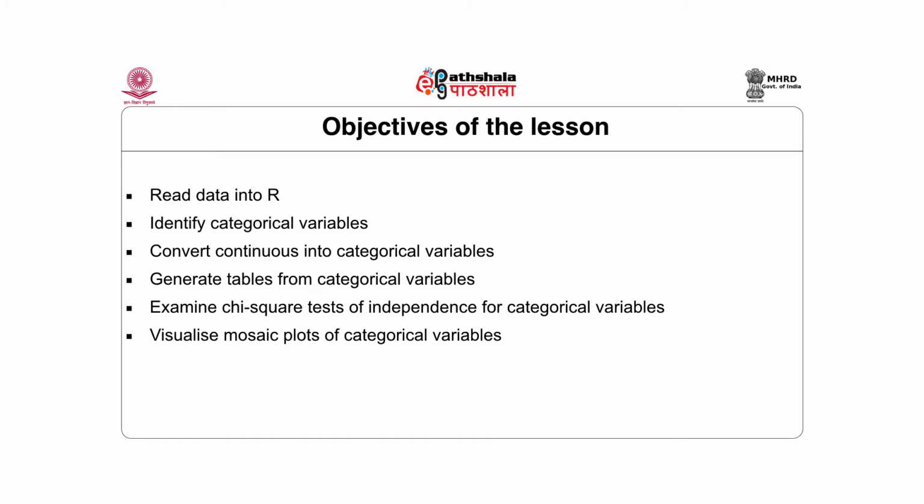Now, you may argue that this is probably not the best thing to do, because a continuous variable has its own routines and own ways of how we can work with them. So it's probably not in the best interest of converting a continuous variable into a categorical variable, but people do that all the time.